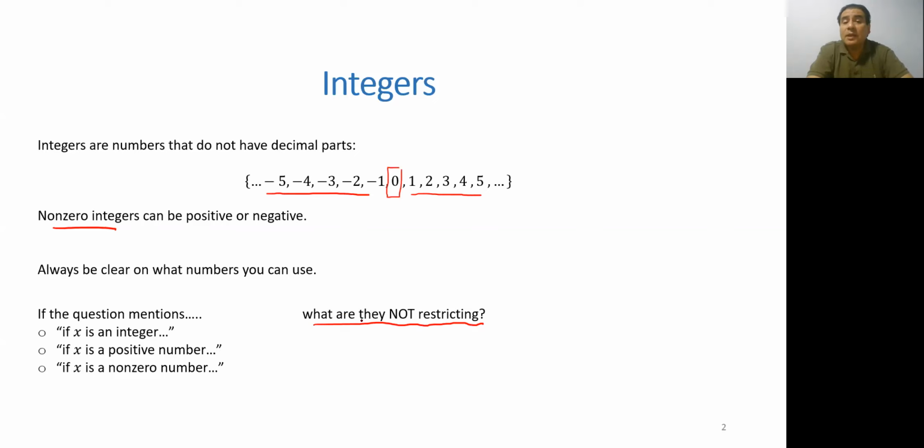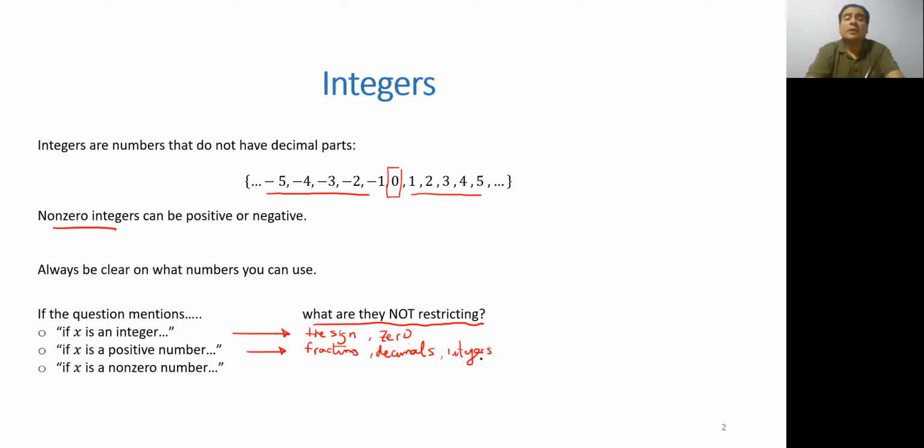In this case, they are not restricting the sign, right? They are not restricting 0, etc. If they tell you x is a positive number, what are they not restricting? Well, they are not restricting fractions or decimals. It could be fractions, decimals, integers, etc.